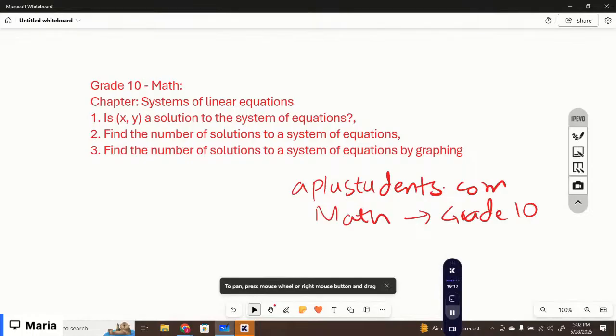Find the number of solutions to a system of equations. Find the number of solutions to a system of equations by graphing. So please make sure you have your notebook and pencil so that you can note down the important examples and definitions as well.